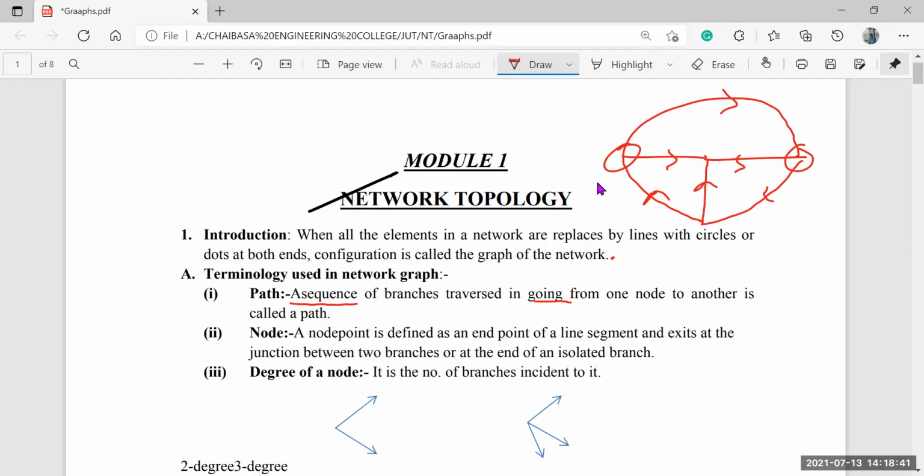A sequence of branches traversed in going from one node to another node. This is a path. This is a path. This is a path. Traveling along this, this is entirely a path.